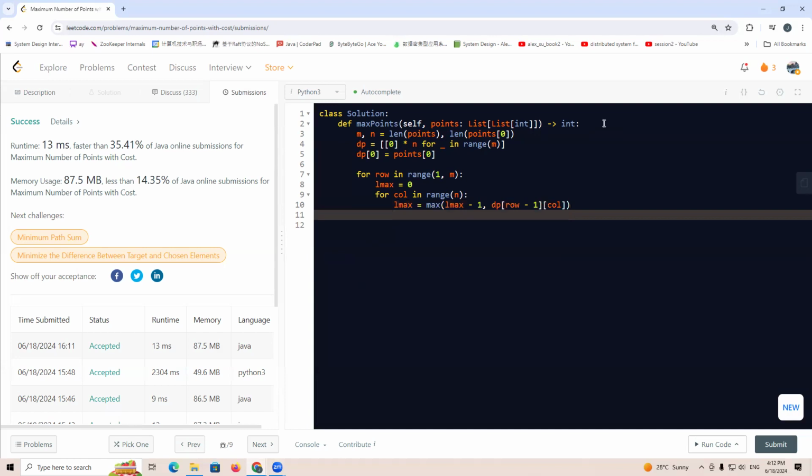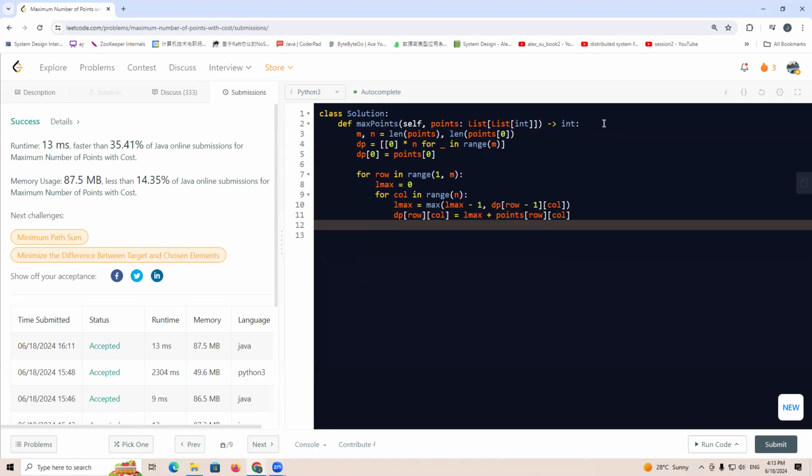So from the left to right, we have dp row column should be left max plus points row column. And we also need another direction, which is right max, right? So we have several questions where there are two directions, but we need to separate that into, for example, just forward and backwards, right?